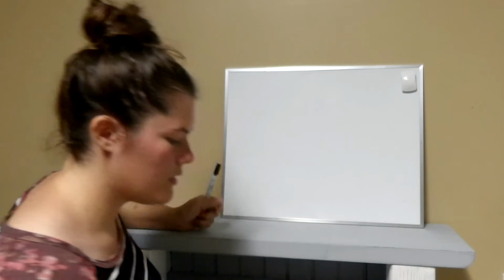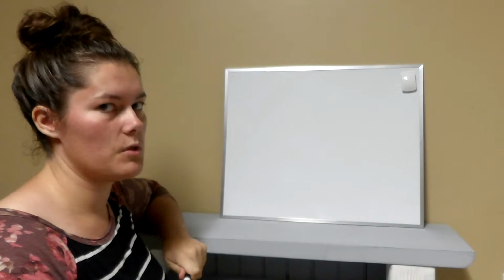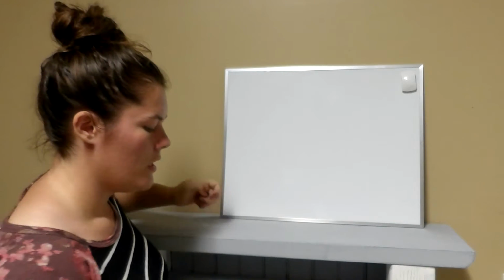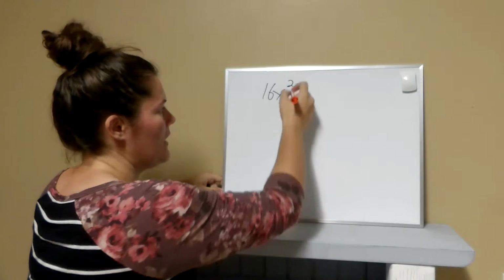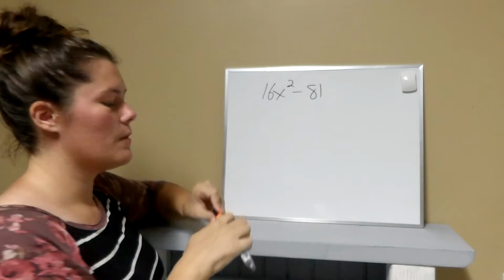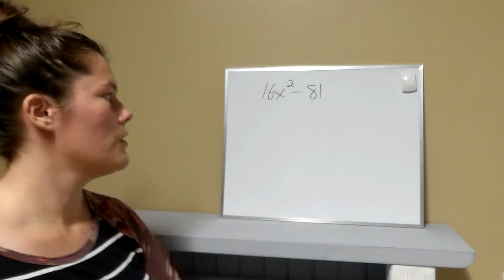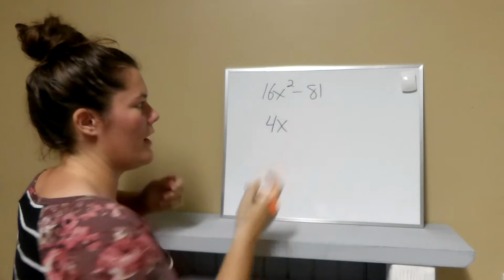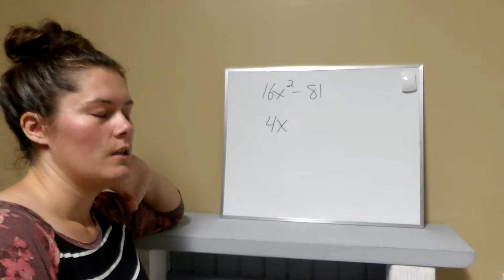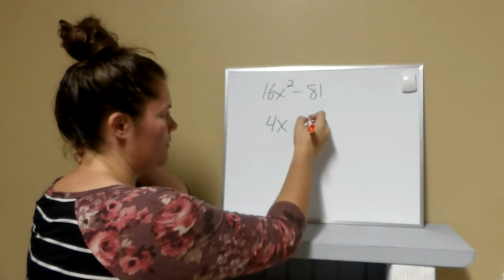Okay, so this is factoring differences between two squared numbers. So if you had 16x squared minus 81, these are perfect square numbers. So the square root of 16x squared is going to be 4x, and then you have 81, which is 9.